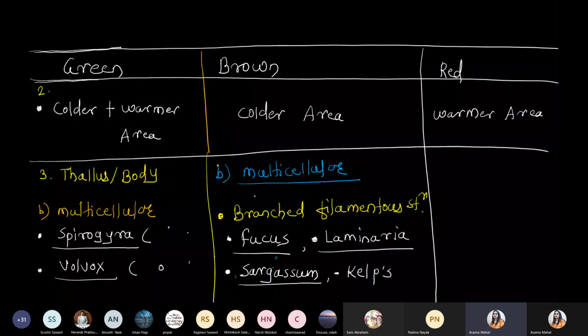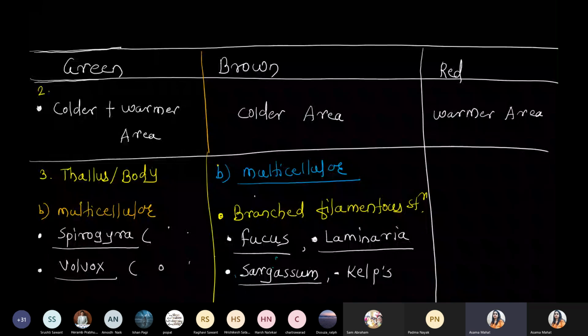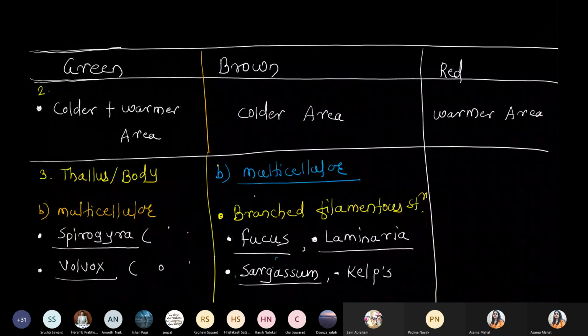So write down information for the kelps. What is the meaning of kelps?